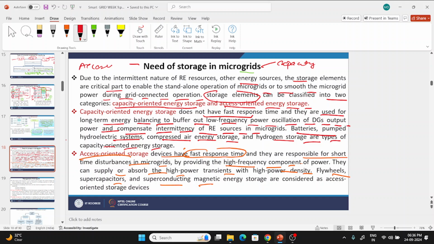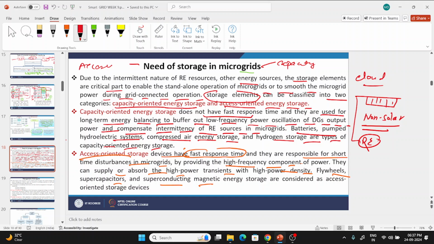What does it mean? For example, if there is a requirement of power at non-solar hours, at those hours the energy cannot be generated from the RE, or it happens that there is a cloud, so the renewable energy coming from solar is not there.